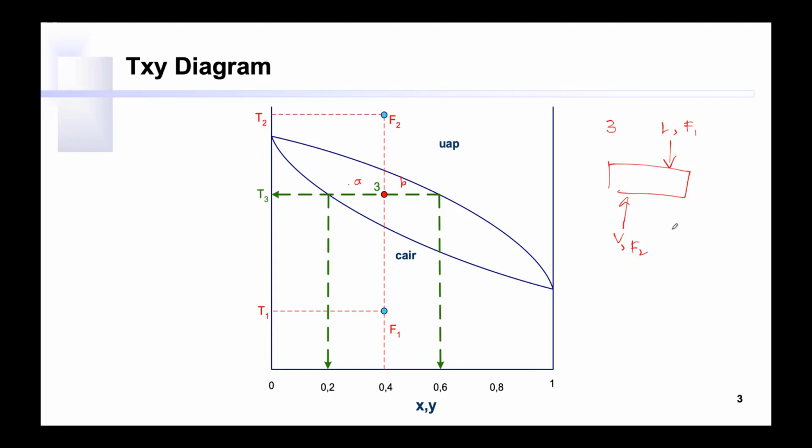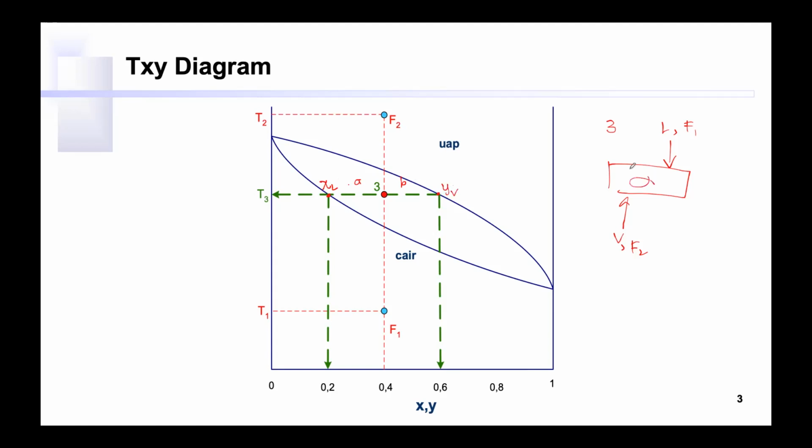Can you check what is the composition of these two phases? So this one is going to be, how about this one? Liquid moves. Yeah, good. So then you will end up with a composition of liquid, and a new composition of vapor.